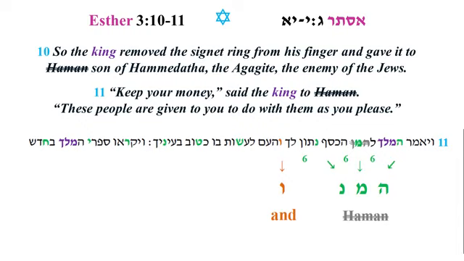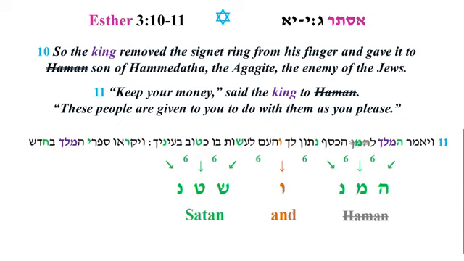Vav, if you remember, represents a nail. Nails connect things. Vav is the word "and." Okay, so you have Haman and, and let's continue 6 more. I get a Shin. 6 more, I get a Tet. 6 more, I get another Noon. That spells Satan. Wow.